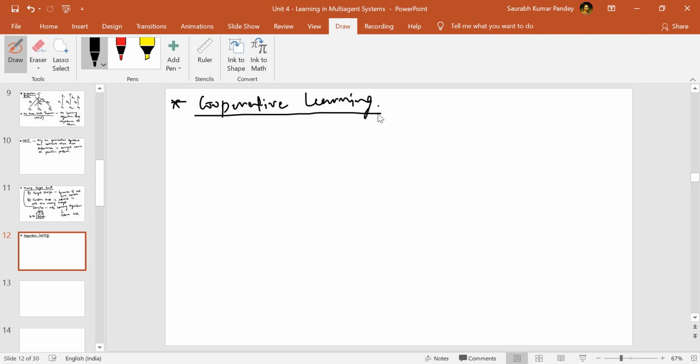Let us talk about a scenario. What is that scenario? A scenario says that you have two robots. What do they have? They have wireless communication capability.